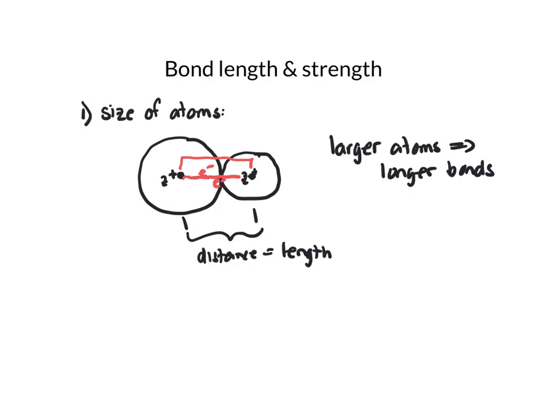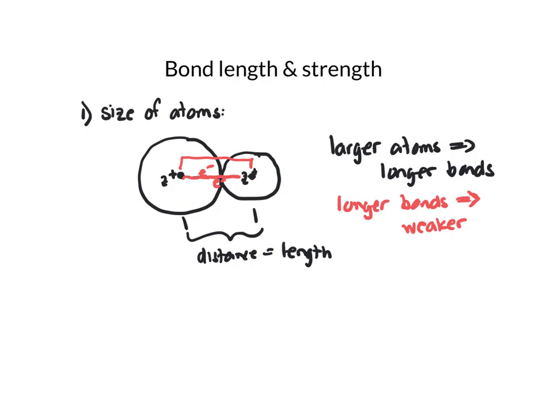Weaker attractions mean higher energy, or less stable, or weaker bonds. So longer bonds end up being weaker because the electrons are further away from the nuclei, not as attracted to them, and therefore easier to pull apart.